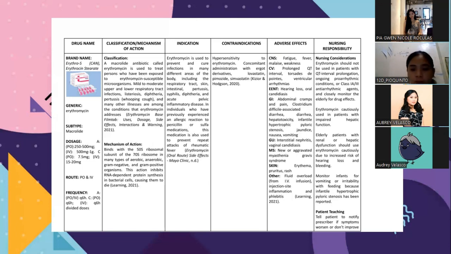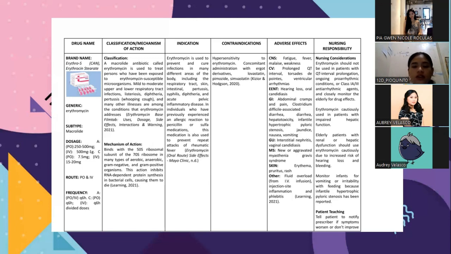So the adverse effects of this drug: in the central nervous system, fatigue, fever, malaise, and weakness; cardiovascular, prolonged QT interval, torsades de pointes, and ventricular arrhythmia. In eyes, ears, nose and throat, hearing loss or oral candidiasis.